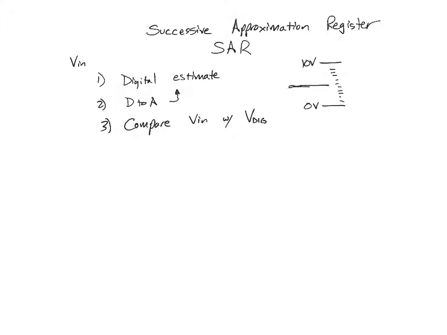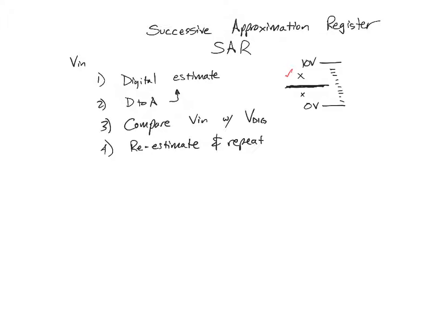So it's going to tell me whether, for instance, if this was my digital estimate, is the input higher or lower, right? Which is it? Okay. And then I'm going to move on to the next bit of my estimate, and I'm going to re-estimate, and repeat. In other words, let's say I found out that it was higher.